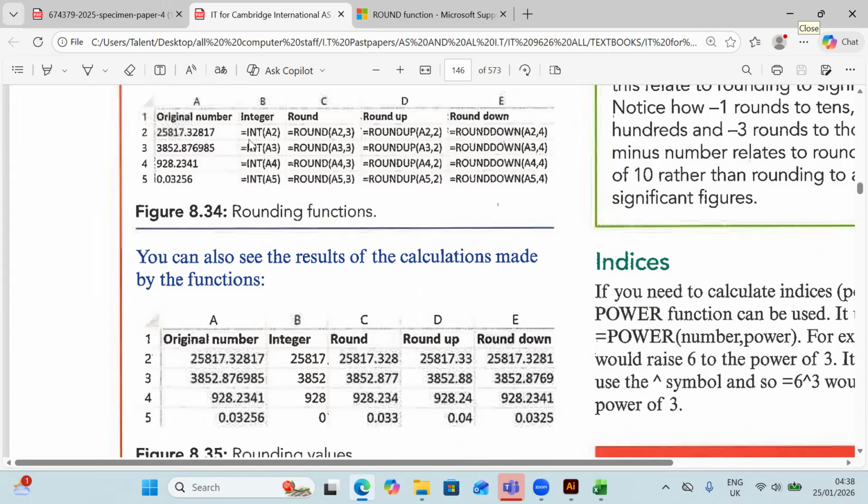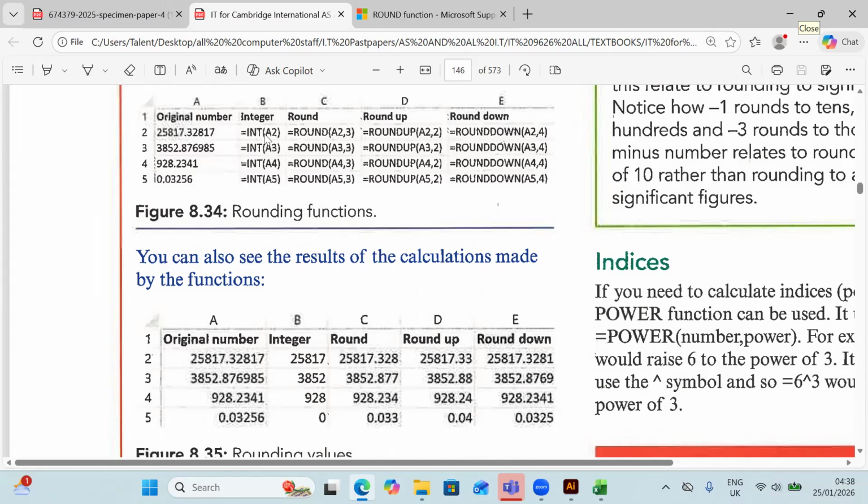So we'll start with the int. We said the int only extracts the whole number part of a number that we have been given. It ignores the comma and every other value that comes after the comma. So let's look at our A2. Our A2 has 25817.32817.